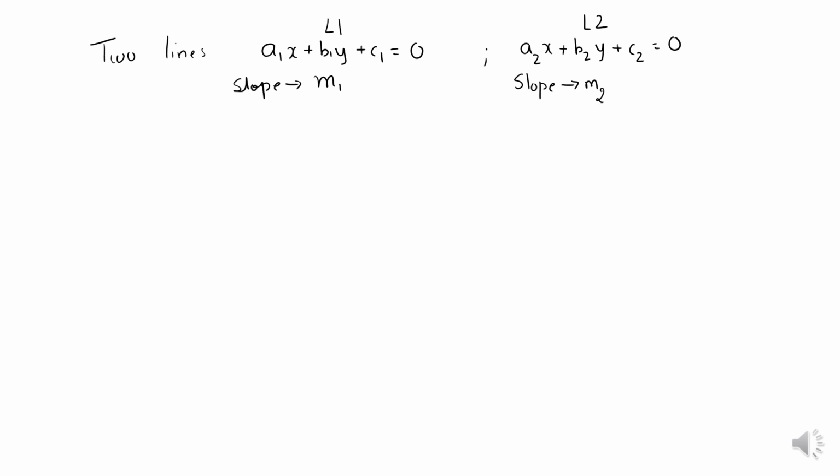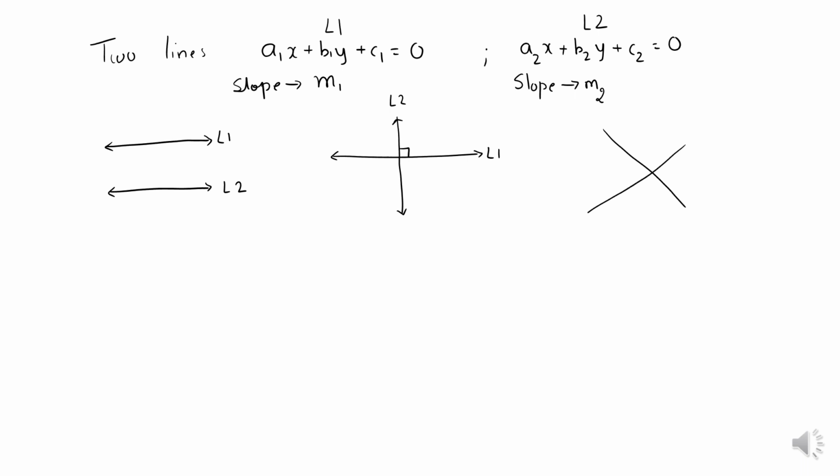Now these two lines L1, L2 can be parallel. They can be perpendicular, or in general they will be intersecting each other making a certain angle theta.